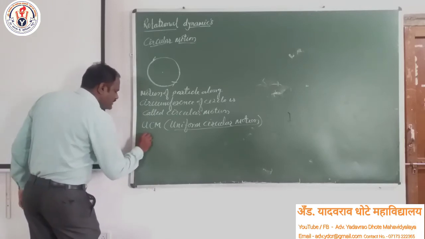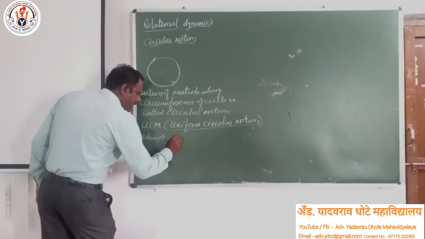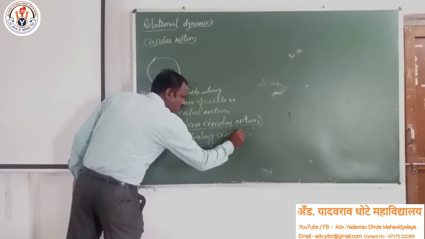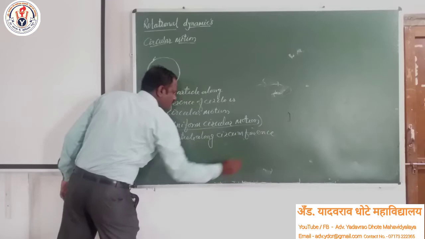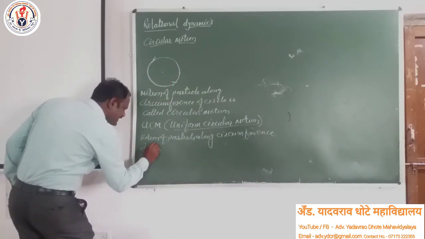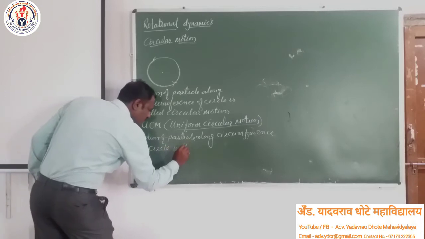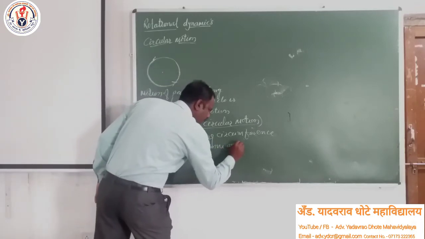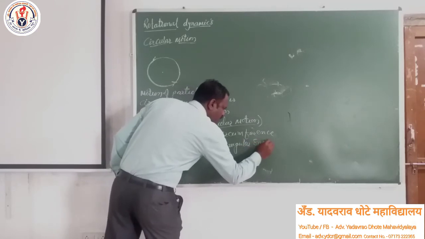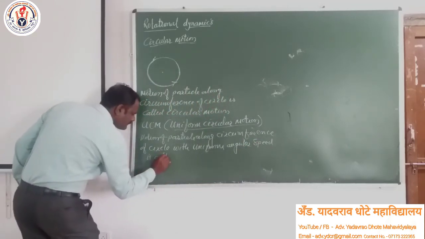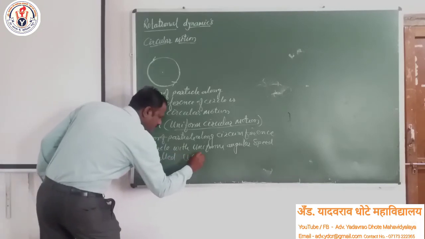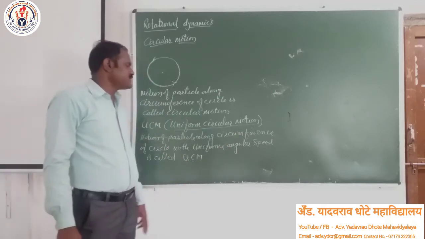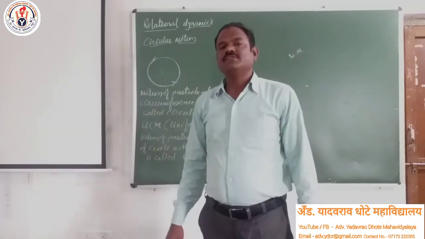The motion of a particle along the circumference of a circle with uniform angular speed is called uniform circular motion.